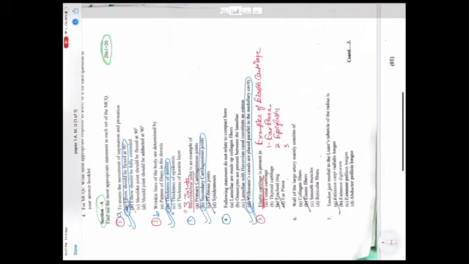Then you have cuneiform. These are the paired cartilages of the larynx. Then you have corniculate. These also are paired cartilages of the larynx.